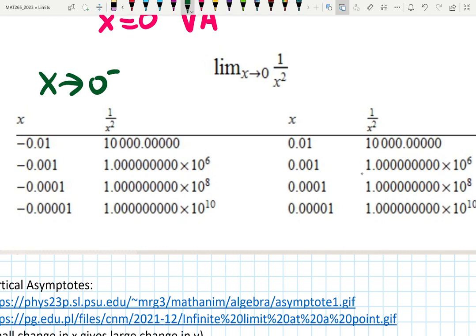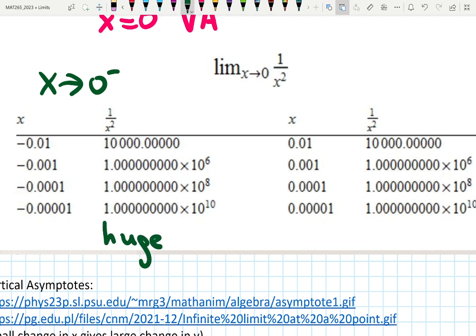The outputs are what? Small or large? Large. Positive or negative? Positive. Are they getting smaller or larger? Larger, and they're still positive. Large, right? So, let's just say huge. I like the word huge. It feels very dramatic.